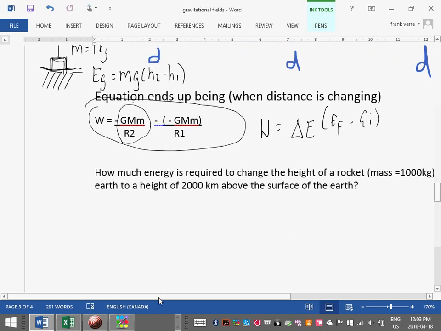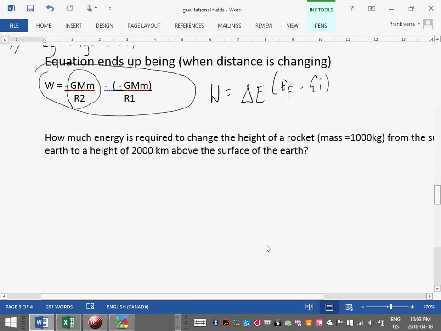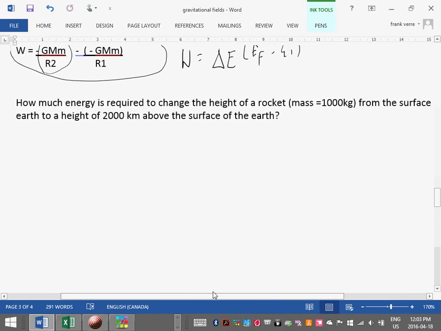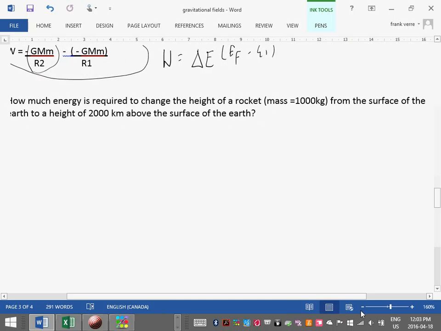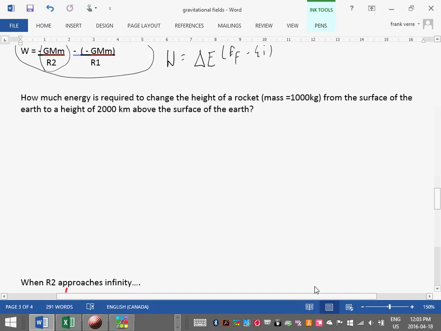So how much energy? Let's take a look at this equation. How much energy is required to change the height of a rocket, whose mass is 1,000 kilograms, from the surface of the Earth to a height of 200 kilometers above the surface of the Earth?